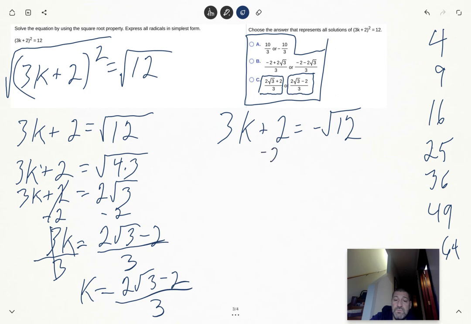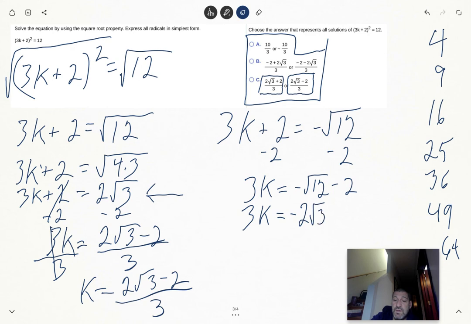Subtract 2 from both sides. It gives us 3k equals negative square root 12 minus 2. And remember, the square root of 12 we simplified to 2 square root 3. So I'm going to skip some of the work and leave that as 3k equals negative 2 square root 3 minus 2.